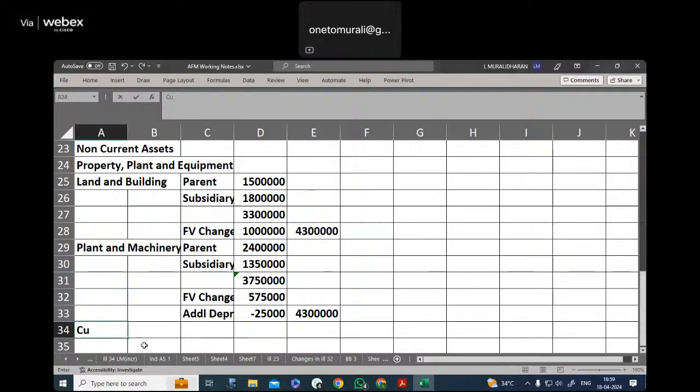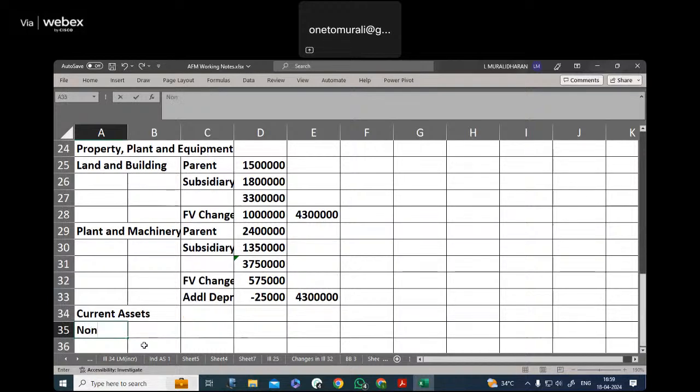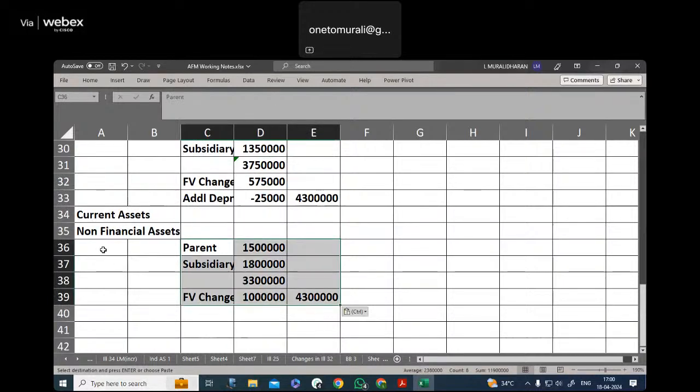So current assets, non-financial assets, we will have inventory.